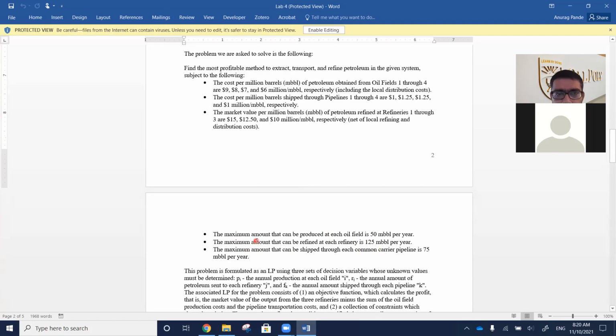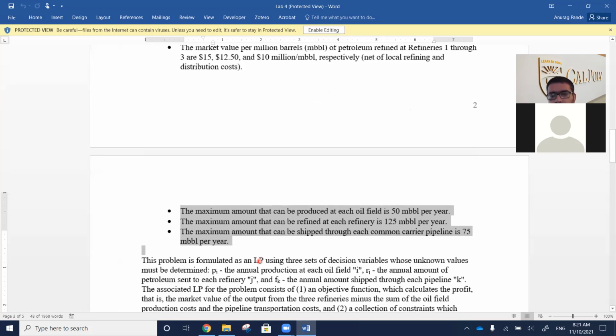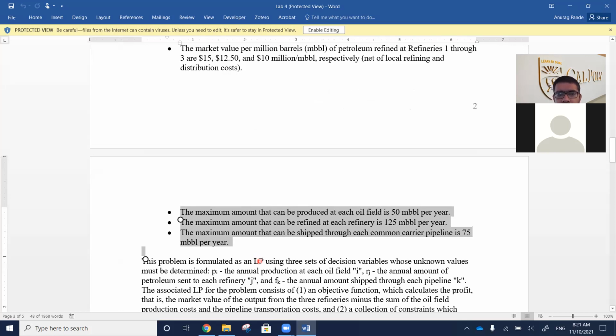So these 3 items act as your constraints. And these constraints will force your hand in how much you can ship from one location and how much needs to go into each location, because each refinery cannot handle more than 125. And the maximum amount that you can ship through each common carrier pipeline is only 75 million barrels per year.